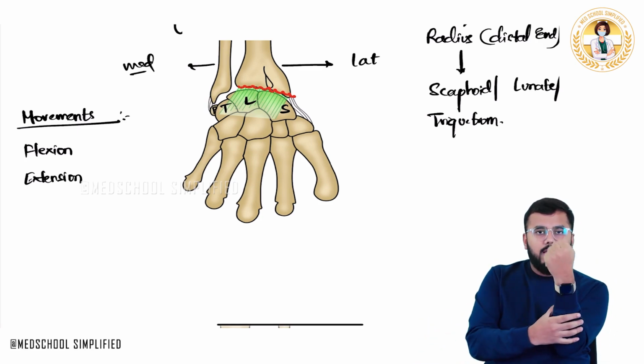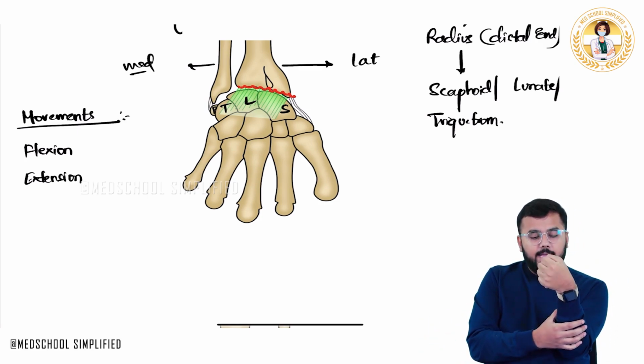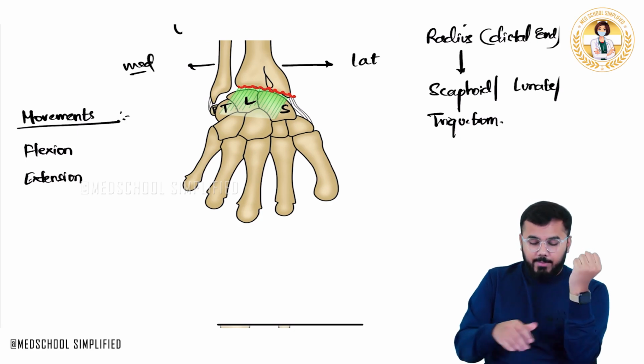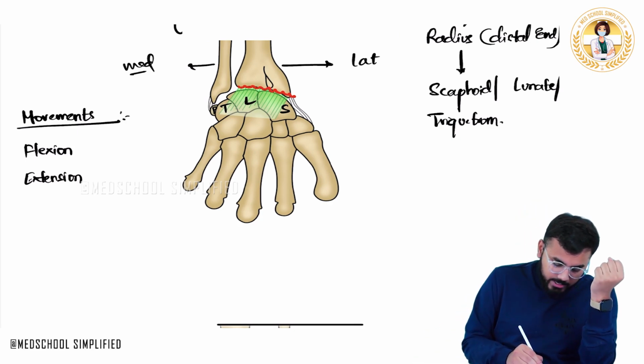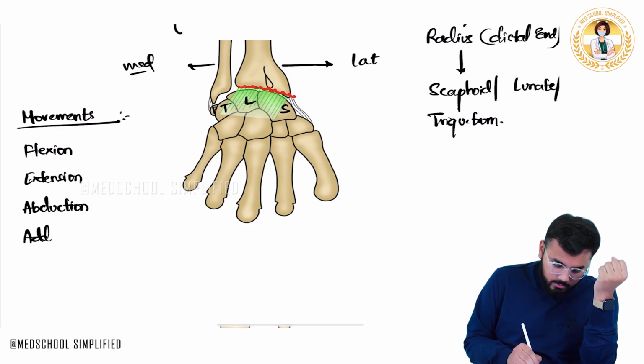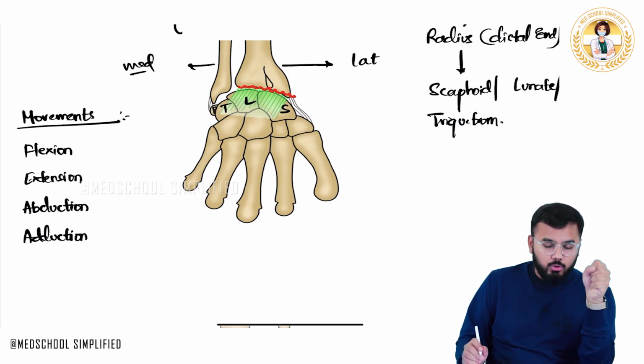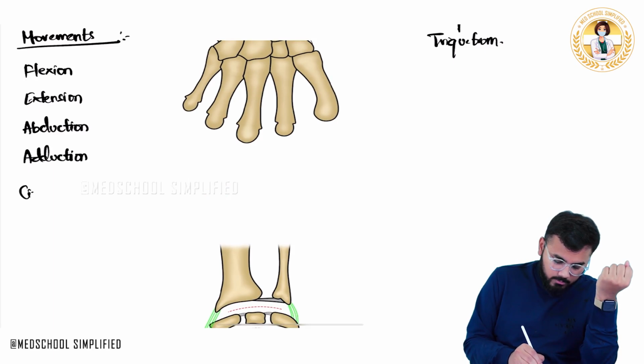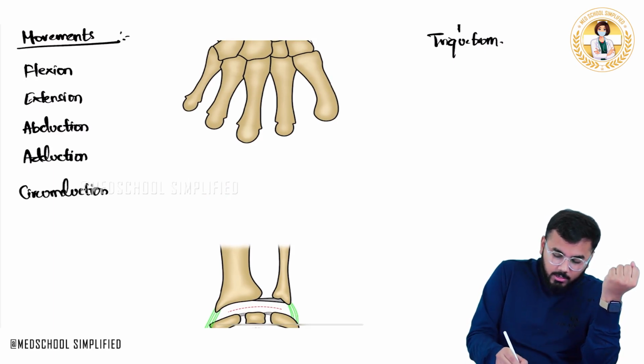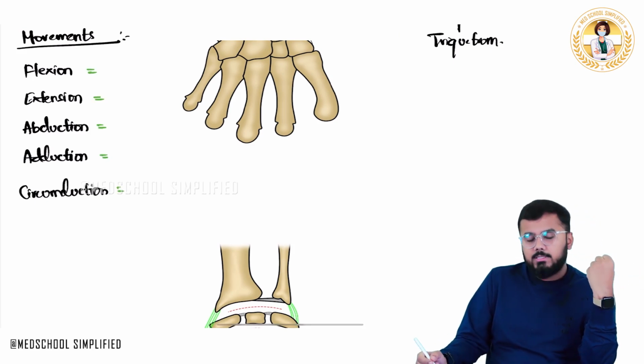So this is called adduction, whereas this is called abduction. So I can also do abduction. I can also do adduction, and I can also do circumduction of the wrist. Now, what is flexion, extension, adduction, abduction as well as circumduction?